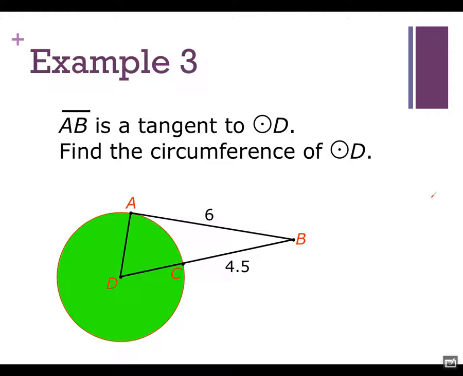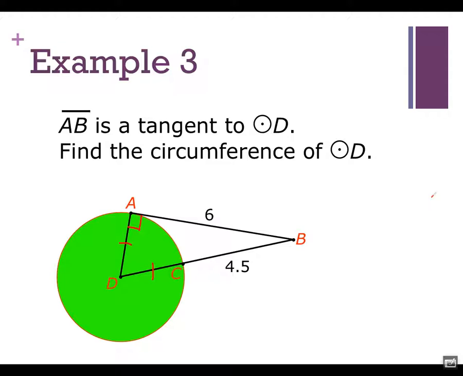AD and DC are all the same because they're both radii. What else do we know? It's the right triangle. Here or here? A. Okay. How long is AD? Phil?